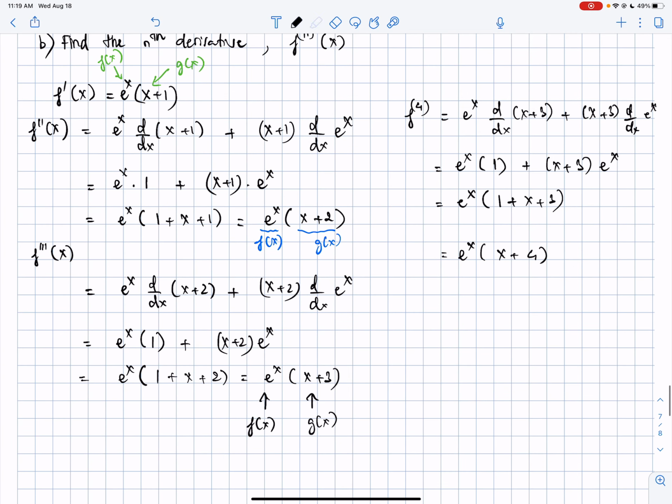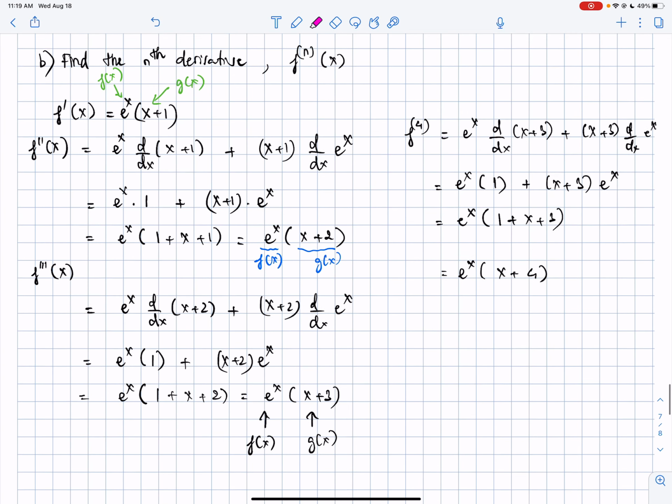Okay, so now let's go back and pay attention to the answer. For the first derivative, you have e to the x. The fourth derivative, you have e to the x. The second and the third, you have e to the x, multiplied by the parentheses. For the first it is x plus 1, for the second it is x plus 2, for the third it is x plus 3, and for the fourth it is x plus 4.